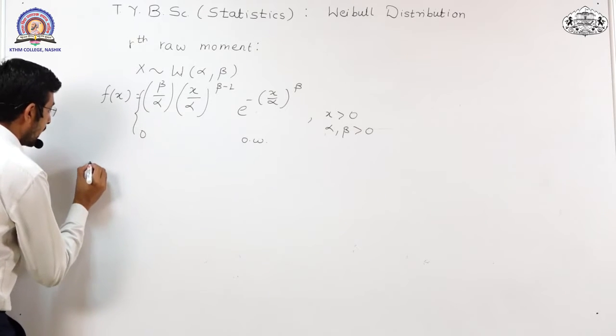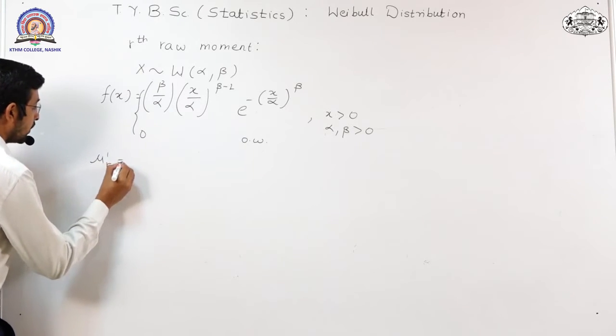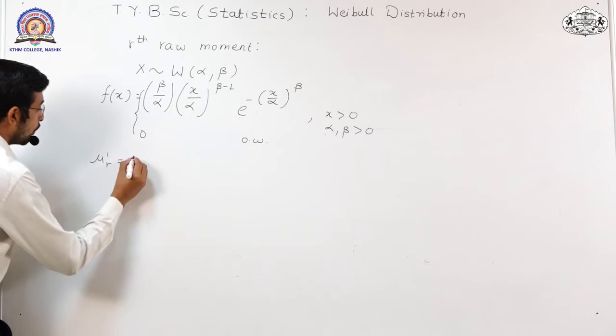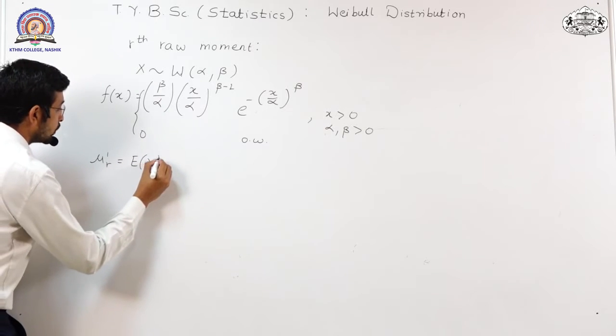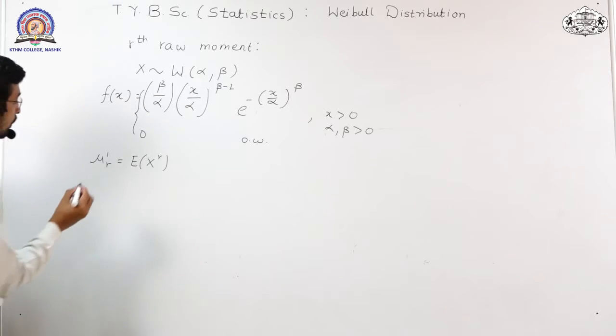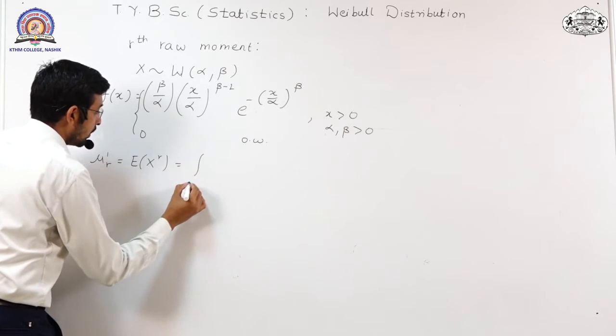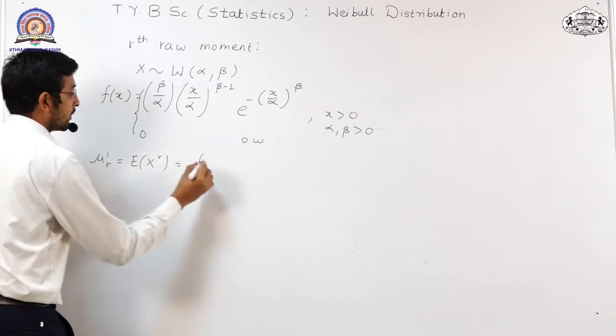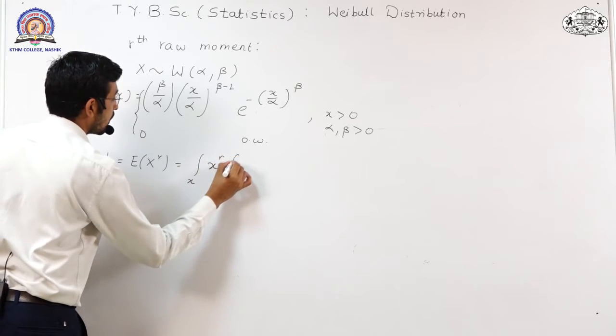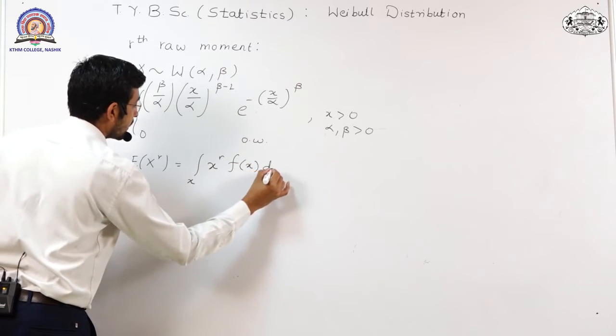Now, by the definition of the rth raw moment, mu r dash is equal to the expected value of x raised to r. By the definition of expectation, this is the integration of x raised to r f of x dx.